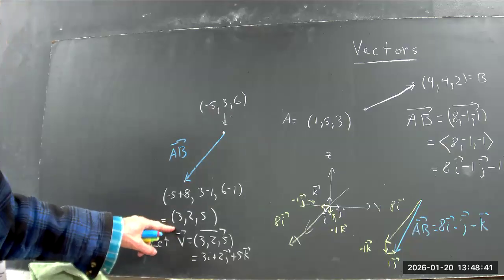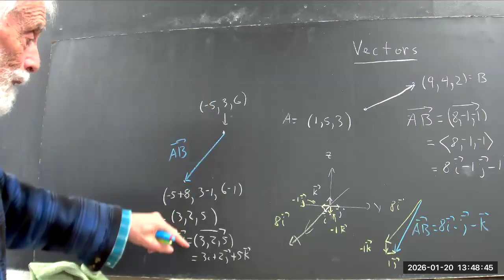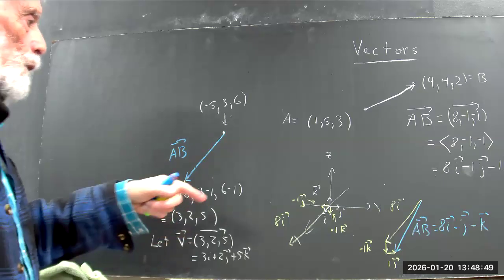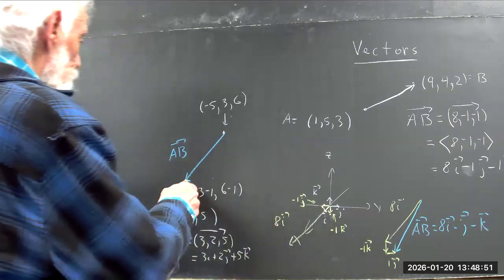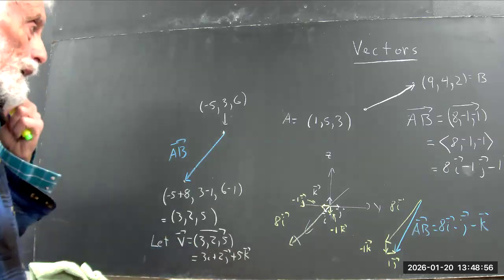This is a point 3, 2, 5. This isn't a vector. This is where this vector takes you from this point. This is now a vector. And that would be a vector from the origin. Here's the origin, the vector out to this point would be the vector 3i plus 2j plus 5k.